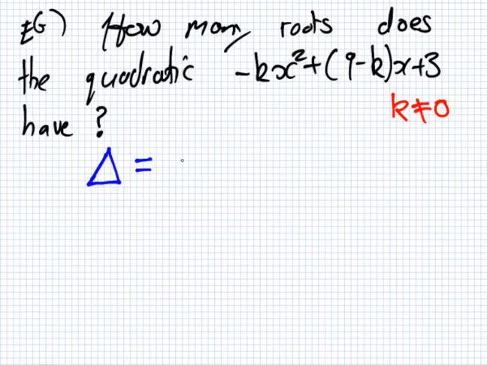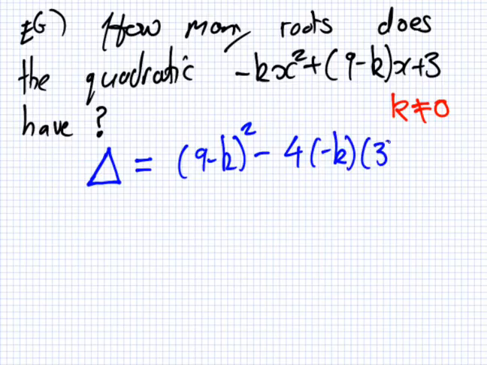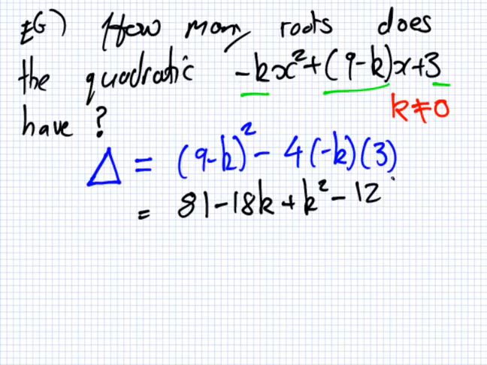Okay. You have that? Yeah? It's okay? Yeah. Okay. Let me give you one that's a little bit more difficult. Can I go down? Yeah. How many roots does the quadratic minus k x squared plus 9 minus k x plus 3 have?